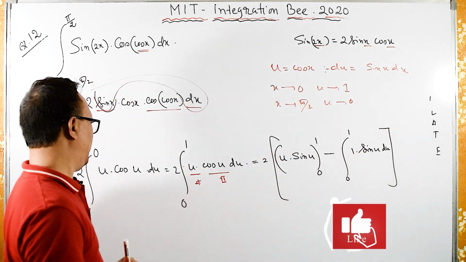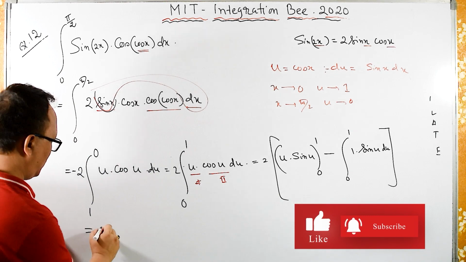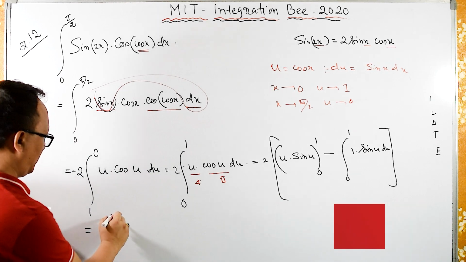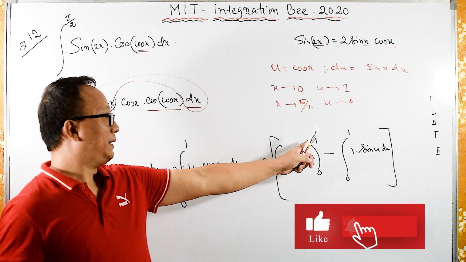This is equals to 2, and then we have upper limit minus lower limit.